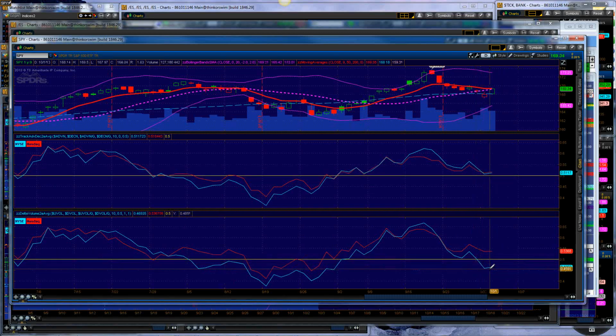NYSE up-down volume is now below the 50% level, so there's more net down volume in NYSE. So where it was strong at the peak, NYSE has shown more weakness relative to the NASDAQ, here in red. So, thus far, this high has been holding along with price. So, key level is if the internals start falling below this 50% level, where we have more declining issues than advancing issues.